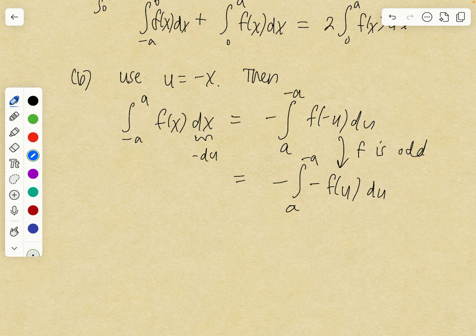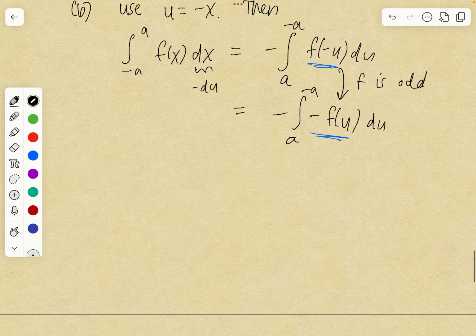Now the minus signs cancel, so this is the integral from a to negative a of f of u du. Because I'm just doing negative 1 times negative 1, which is positive 1. I can pull this negative 1 out of the integral, and then I get negative 1 times negative 1 is 1.